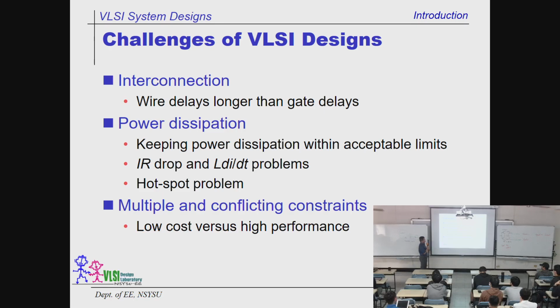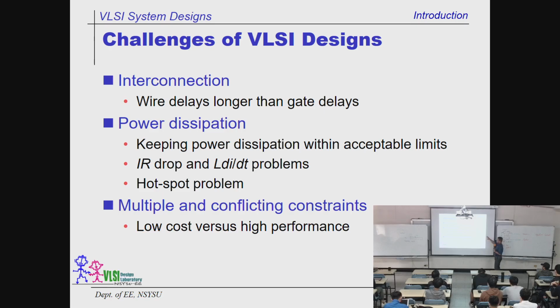So what is the future challenge of IC design, or VLSI design? Apparently, we have these 3. The first one is interconnection. Because we like to have massive computing power, we are going to have a lot of processing units on a silicon die.